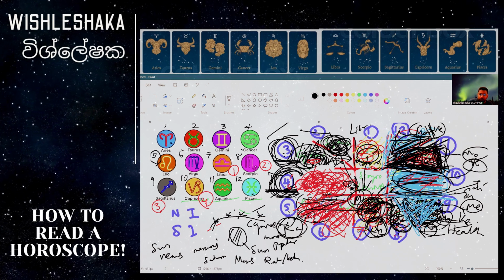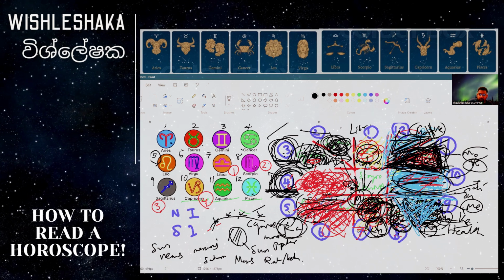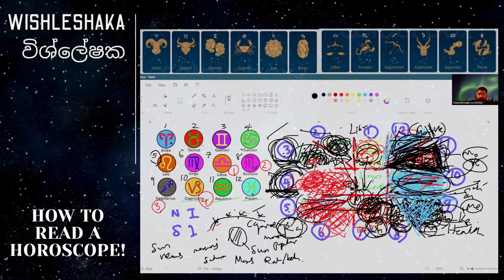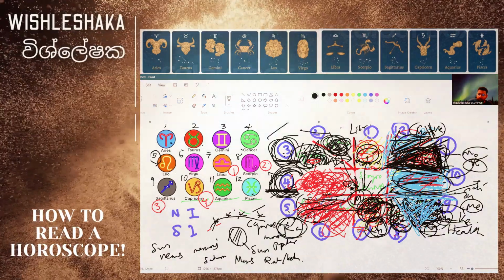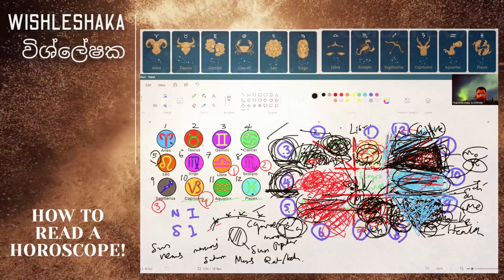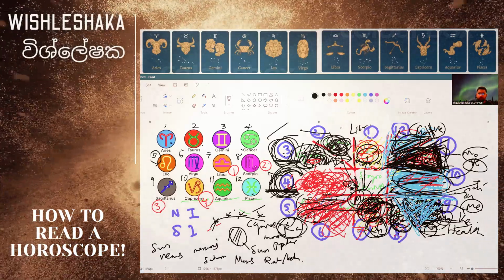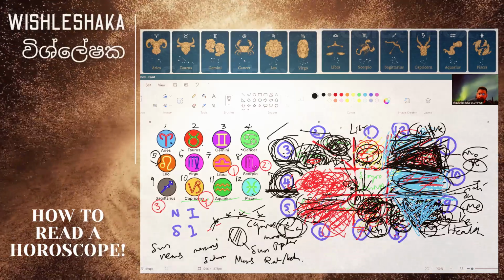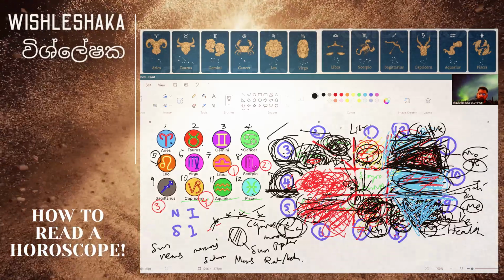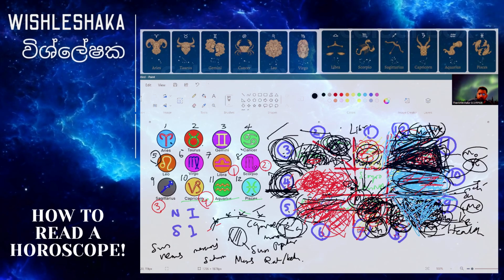Most of the cheaters, even Trump, Venus was in 12th house. So I think his first marriage broke because he slept with another woman or something. I don't know. So Venus in the 12th house doesn't do well.